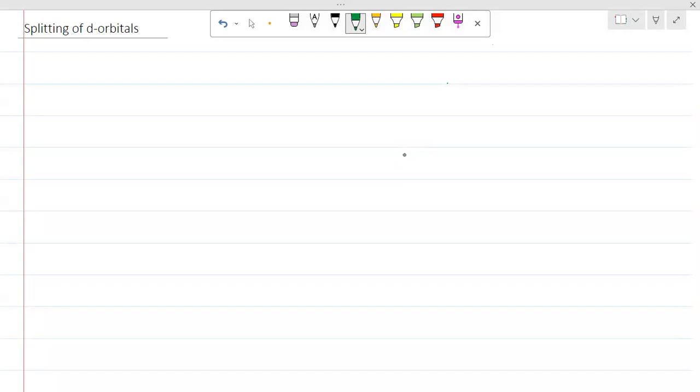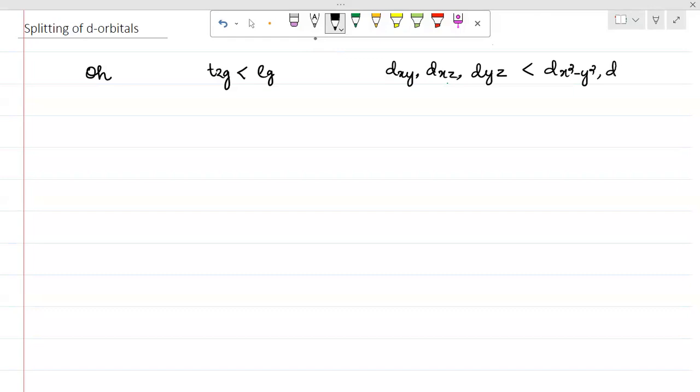So let's start. We already know about the octahedral geometry, so I'm not going to draw it again. The energy of t2g is less than eg. The t2g orbitals are dxy, dxz, and dyz, and these are lower than dx squared minus y squared and dz squared. That is the octahedral geometry.